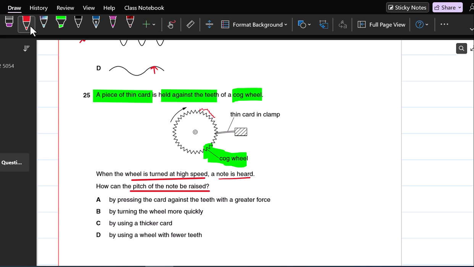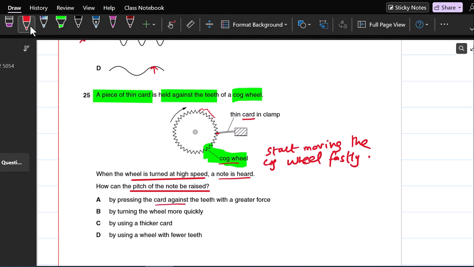There is only one possibility: start moving the cog wheel fast. If this cog wheel rotates faster, this card which is attached here is going to create more sound.